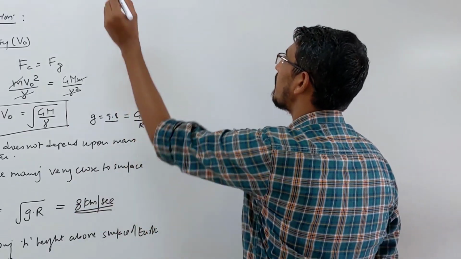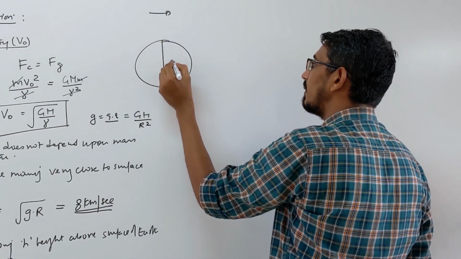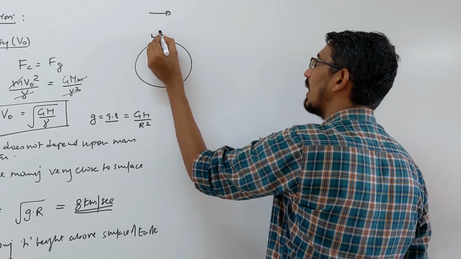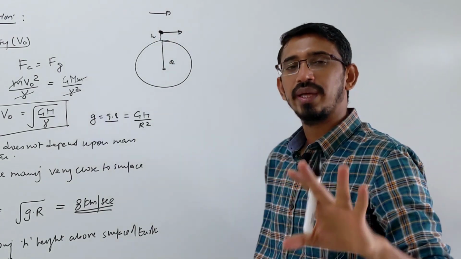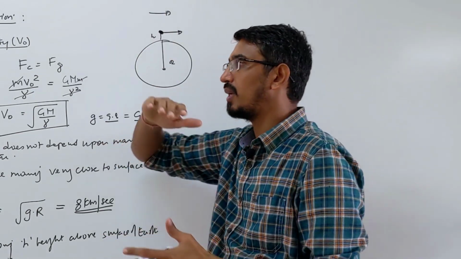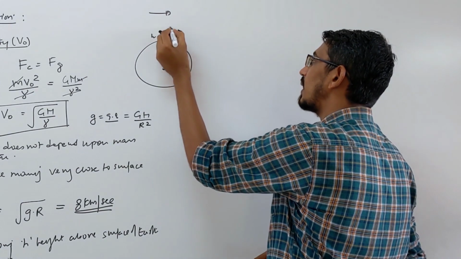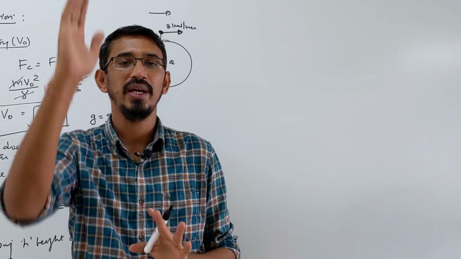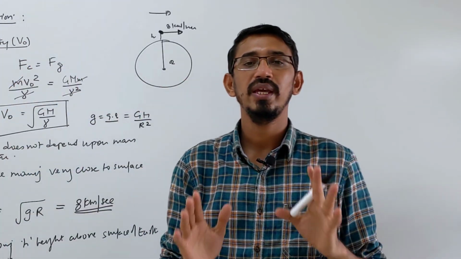Also what happens now, suppose this is your earth, radius r, if you take a satellite to a little height above, small height, okay, this is very small, and you throw this object, you take a stone or any object, go to some height, like go to Himalaya and throw a stone or any object in horizontal direction with what velocity, 8 kilometer per second.